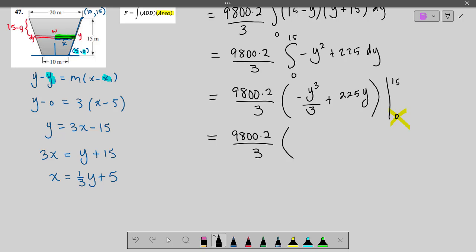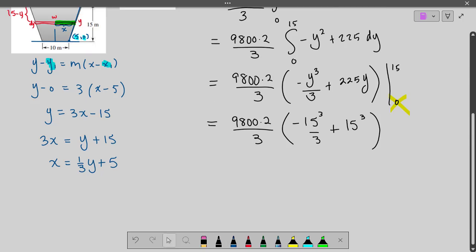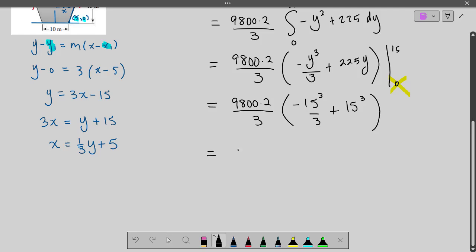So this is going to be minus 15 cubed over 3 plus 15 cubed. All right, 225 times 15 is 15 cubed. It's 15 times 15 times 15. So what I'm going to do is factor out that 15 cubed.